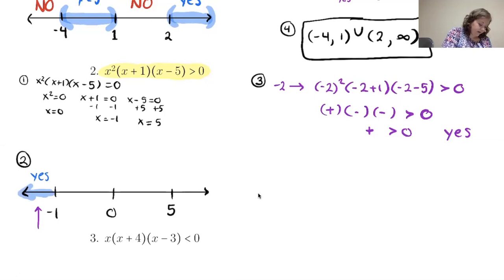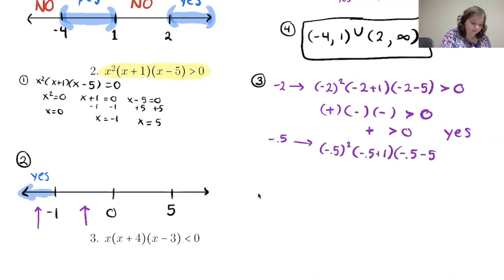Okay, so next we'll test one from in between -1 and 0. So we can test -0.5, or if you'd rather write -1/2, it doesn't really matter if you write it as a fraction or as a decimal. So if we do (-0.5) squared, we have -0.5 plus 1, and -0.5 minus 5 is greater than 0. So in that case, the -0.5 squared, a negative squared is a positive.